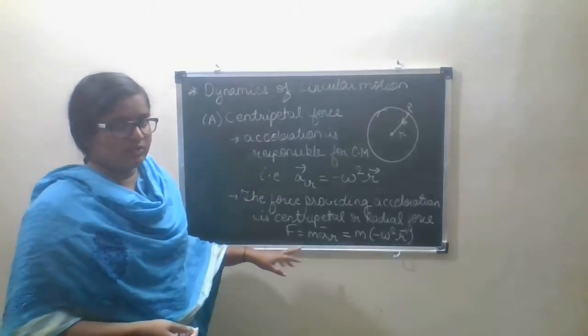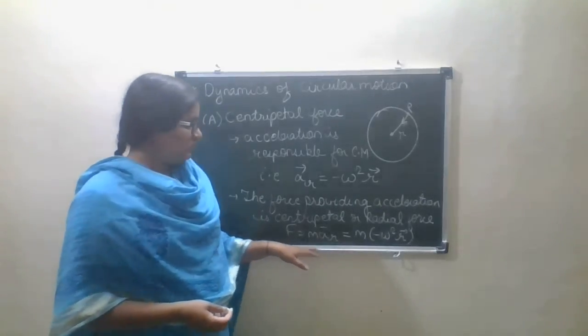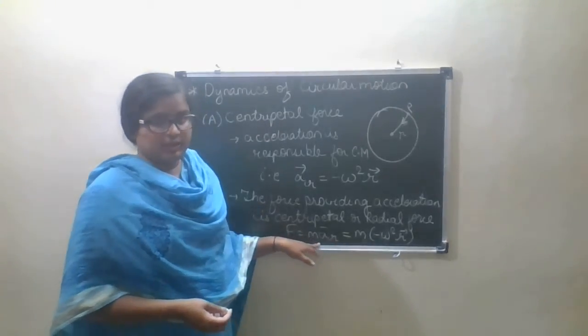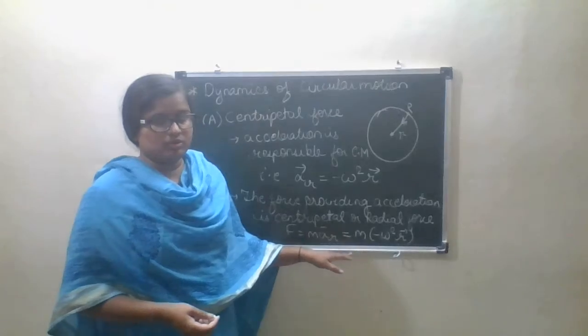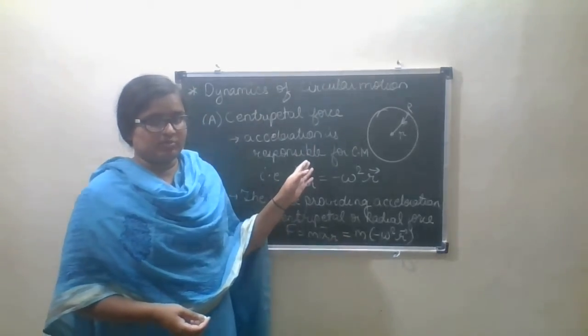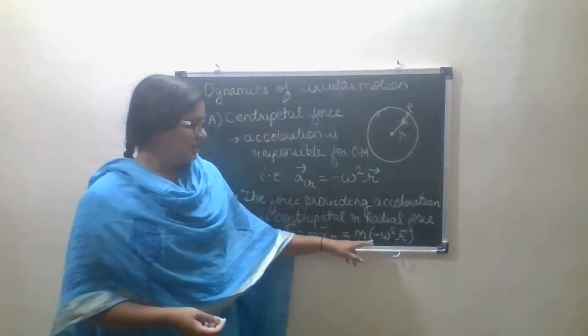So F is equal to the centripetal force, F is equal to m into a, and substituting the value of the radial acceleration, it is minus omega square r.